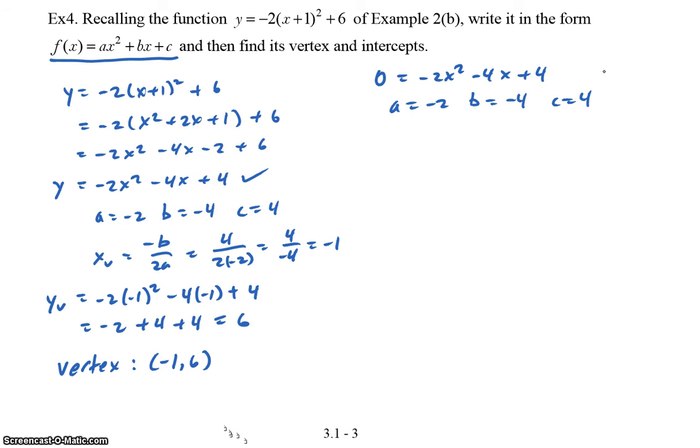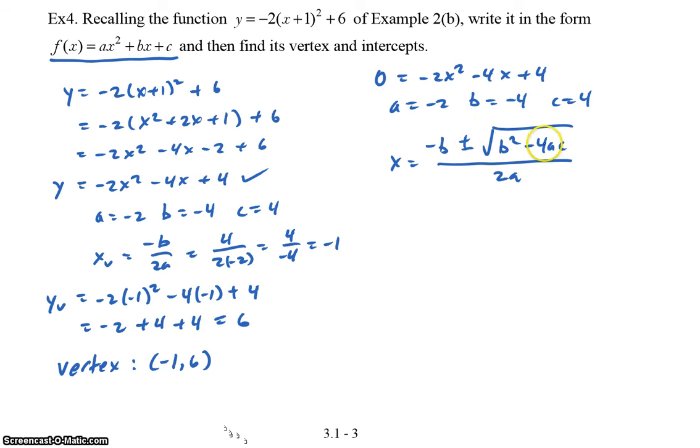We could attempt to factor it, but we would find that this polynomial does not factor. So the quadratic formula gives minus b plus or minus square root b squared minus 4ac over 2a.